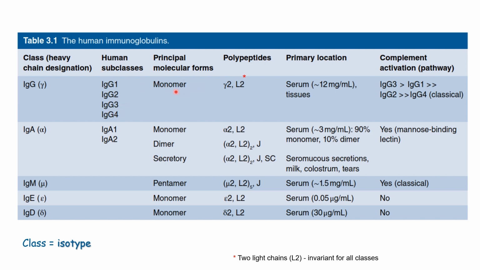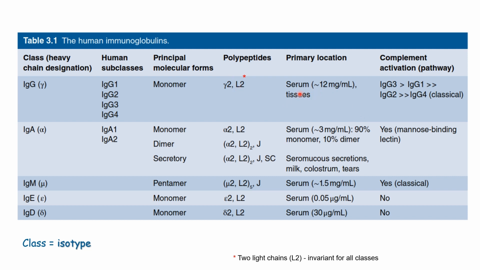IgG is the monomeric form, and these various different classes are derived from unique constant regions within the Fc fragment. The light chains stay the same in all of these classes, but the heavy chain varies.